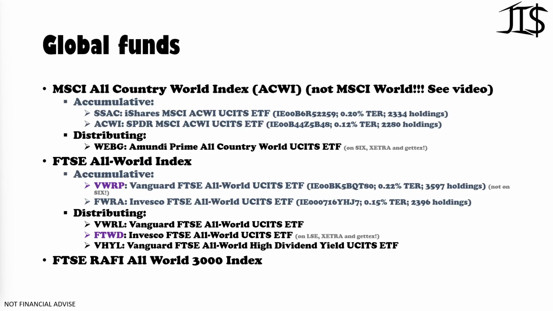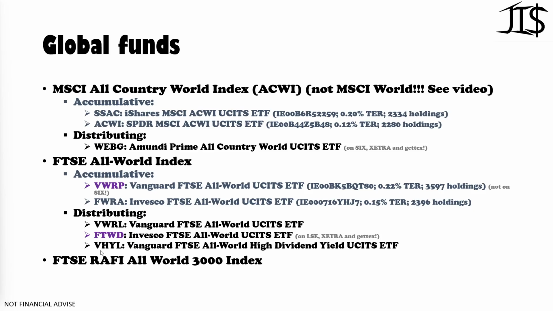Unfortunately, that one isn't on the SIX, just like the VWRP, that one is also not on the SIX stock exchange. But it is on the London Stock Exchange, on the Xetra and the GETEX stock market, so there you can buy it for sure.